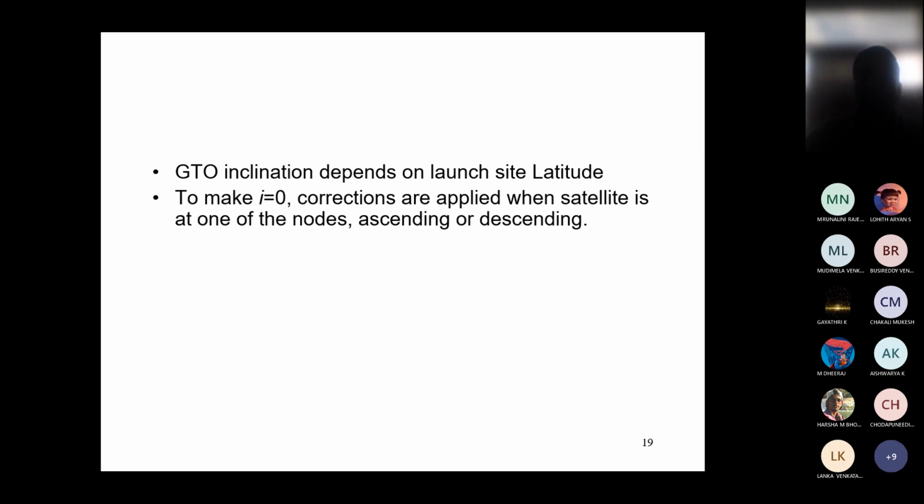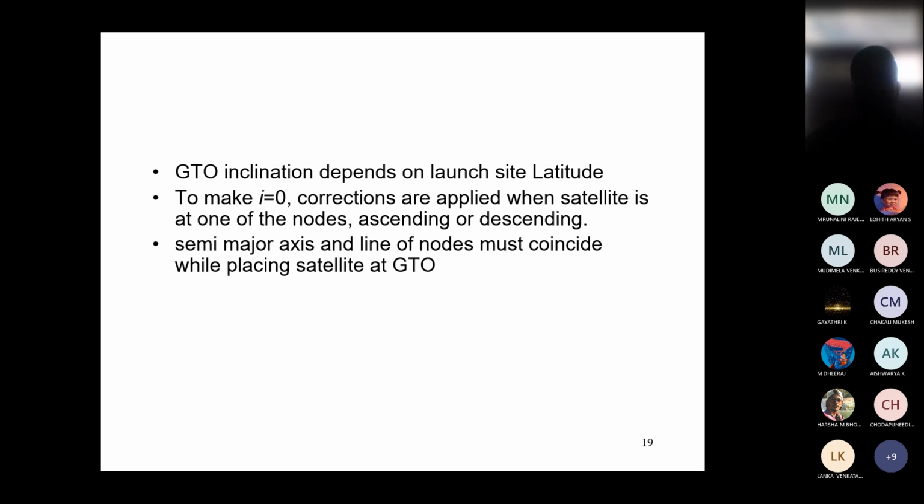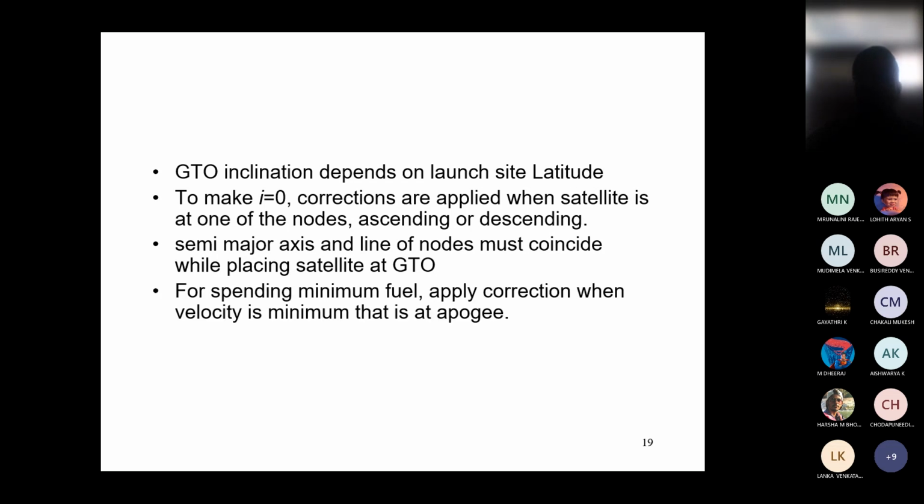So to make the inclination angle 0 degree, corrections are applied when the satellite is at one of the nodes, ascending or descending. Semi-major axis and line of nodes must coincide while placing the satellite at GTO. Okay, and for spending minimum fuel, we have to apply corrections when velocity is minimum, that is at apogee.